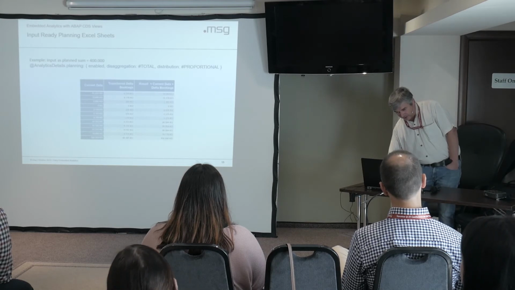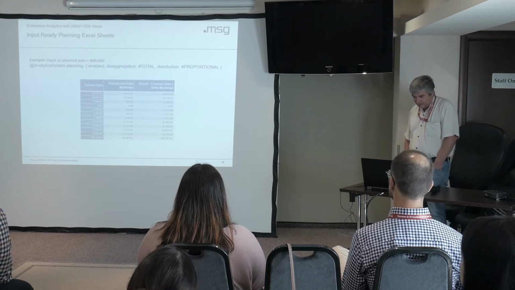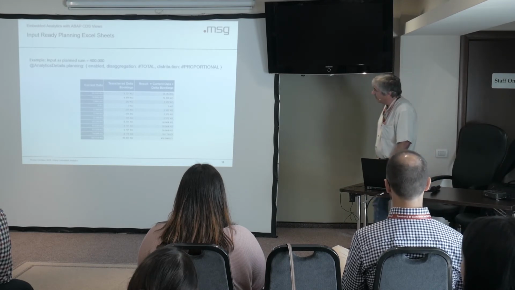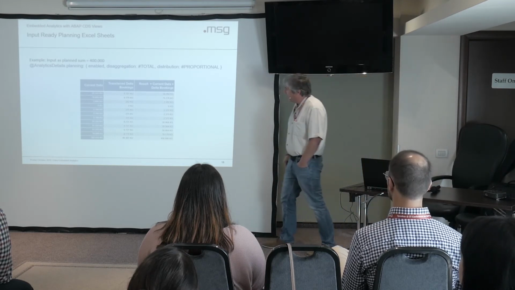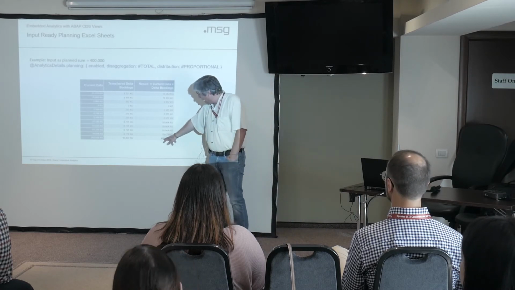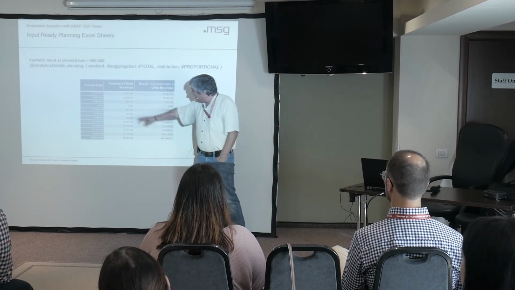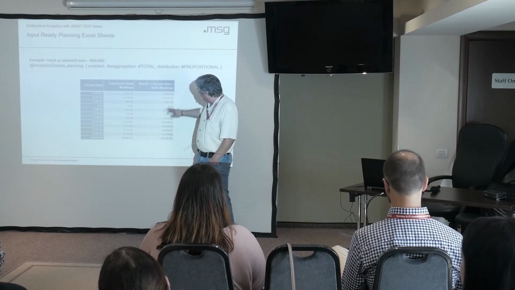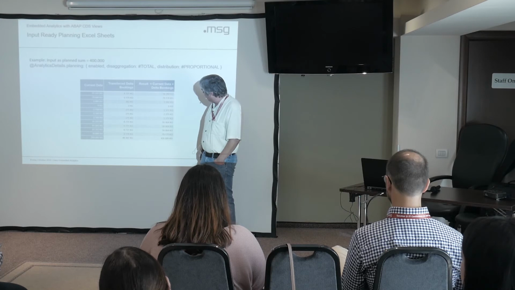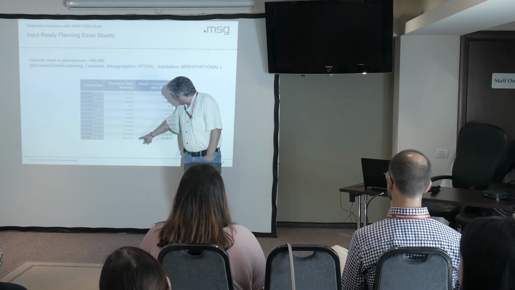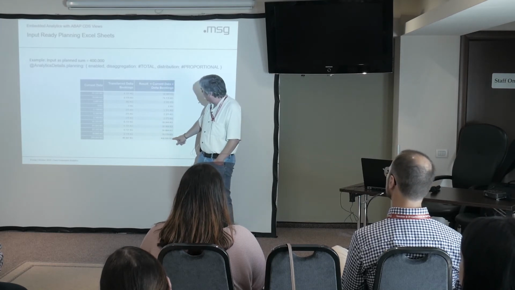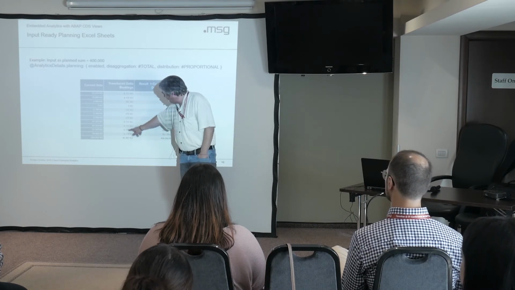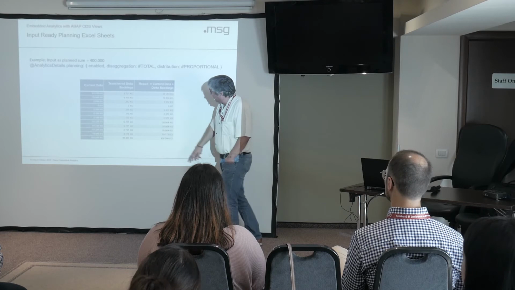If I have, for example, disaggregation total and distribution proportional, then again I want to have here 400,000 kilograms. This is the current data, it's the base, and you have here the result. And if you see here the 400,000, then it disaggregates it proportional to the current data.